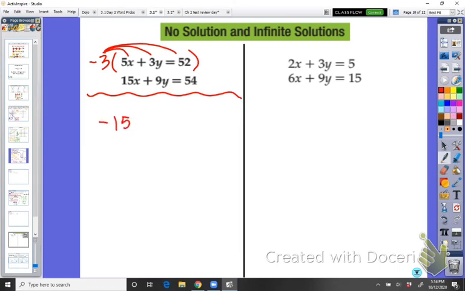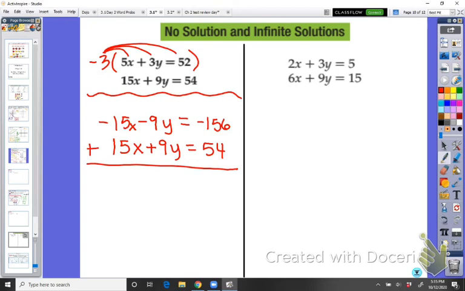So that's negative 15x minus 9y equals negative 156. I should have an x there. 15x plus 9y equals 54 was the bottom one. You did not change it. So I'm going to add these two together.